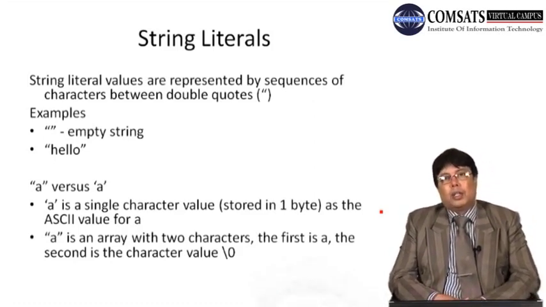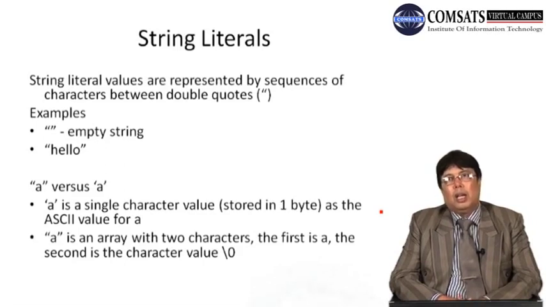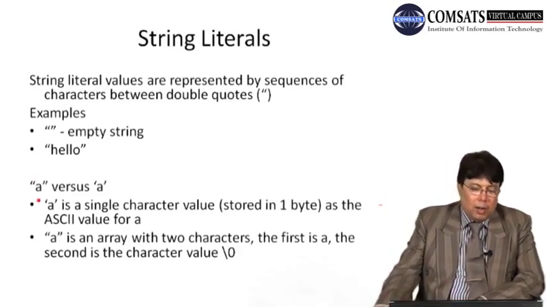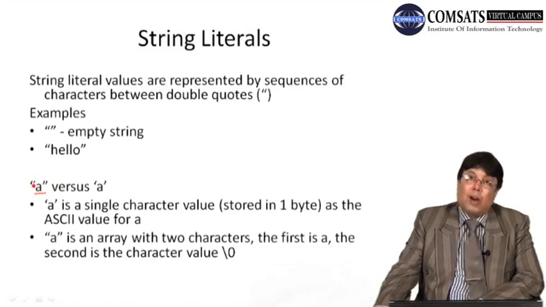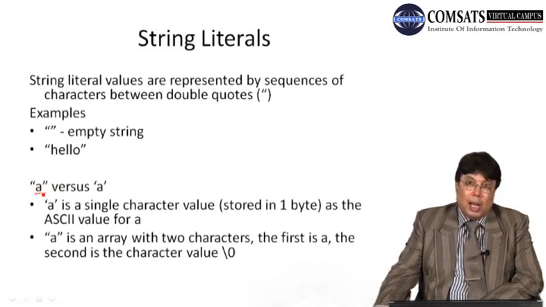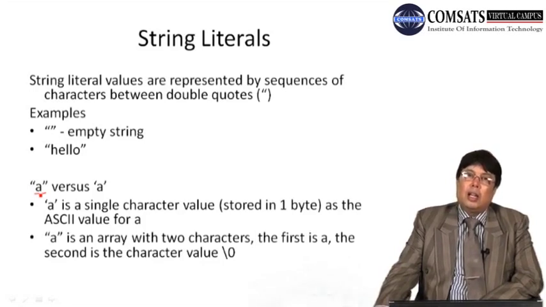Then there is a difference now. When you define a string in double quotes, then even if you are defining one single character, even if you define this A as one single character, but you are using double quotes, then this particular A is not a character, it becomes a string that contains one character.